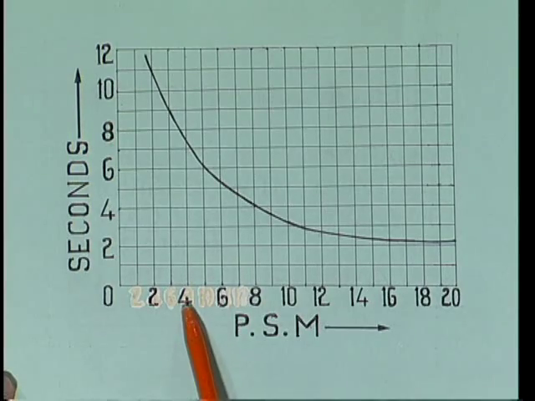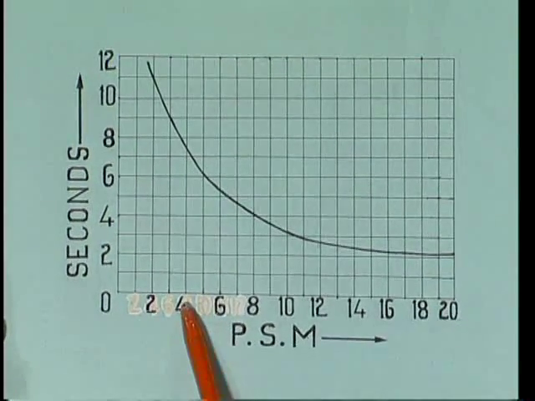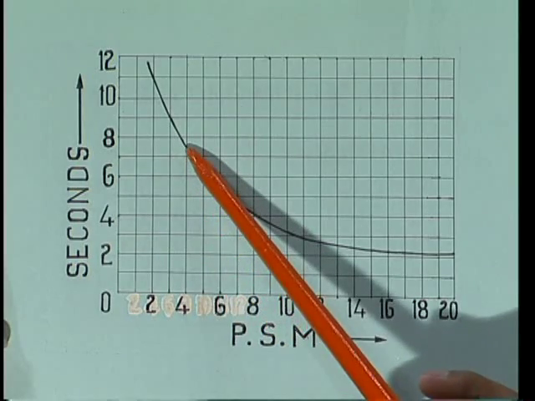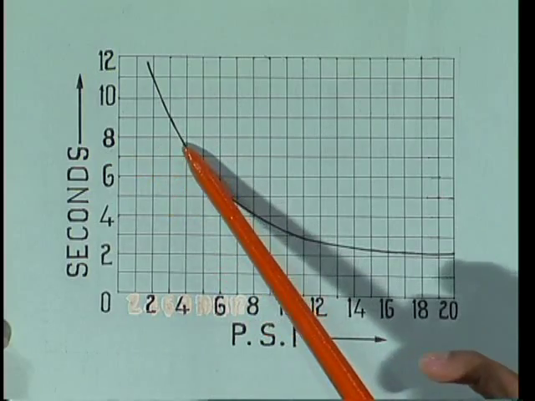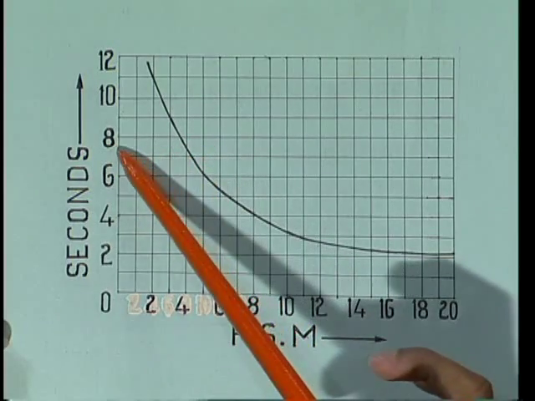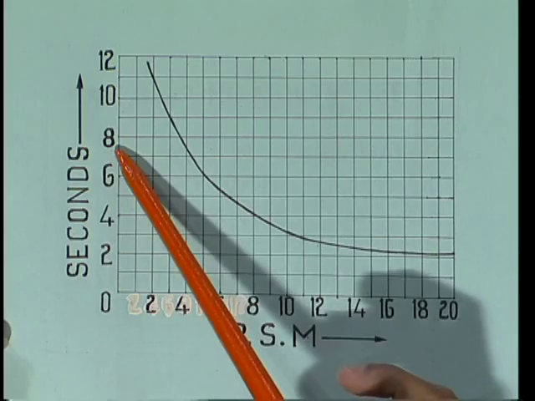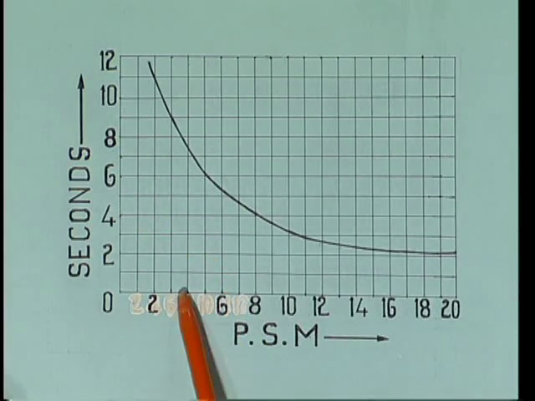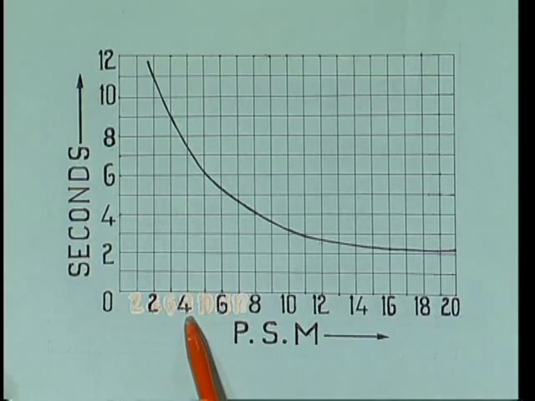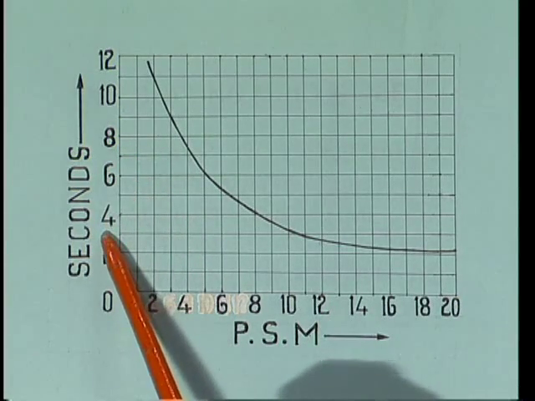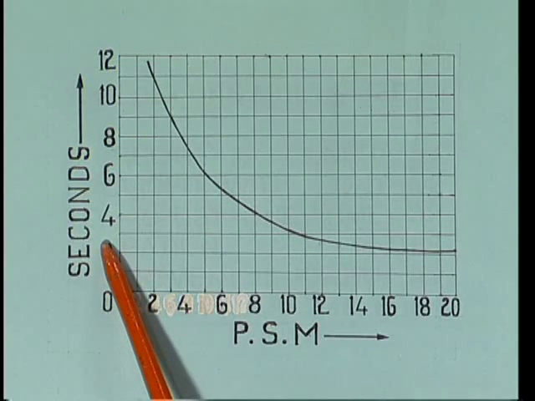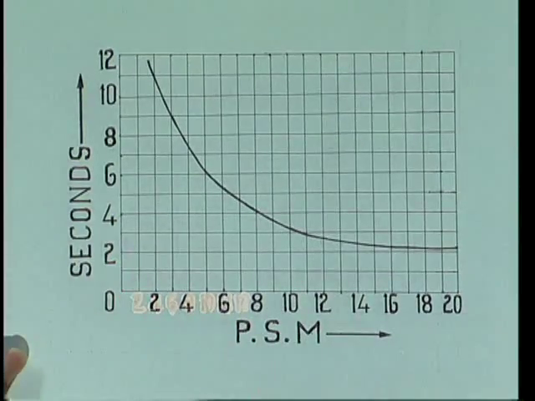According to this plug setting multiplier, the time of operation is between 6 and 8, approximately 7.5. That means for a plug setting multiplier of 4, the time of operation is 7.5 seconds. So this is the time of operation of the relay, and this is the plug setting multiplier.